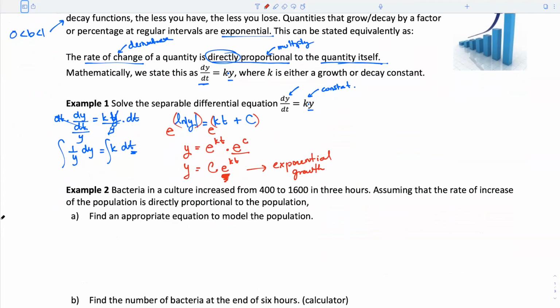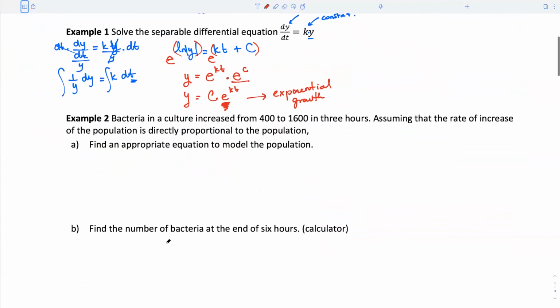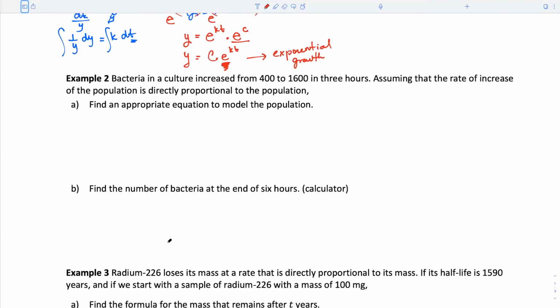All right, example 2. Bacteria in a culture increased from 400 to 1600 in 3 hours. Assuming that the rate of increase of the population is directly proportional to the population.